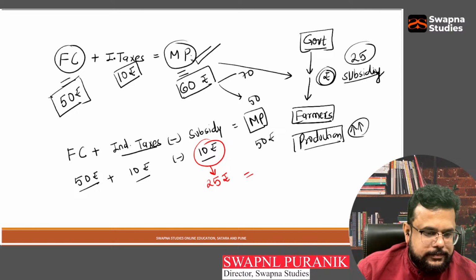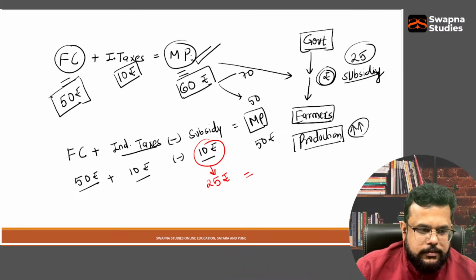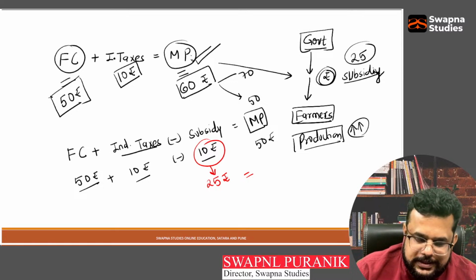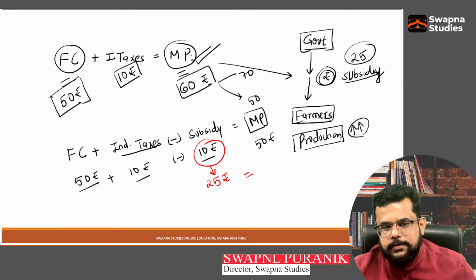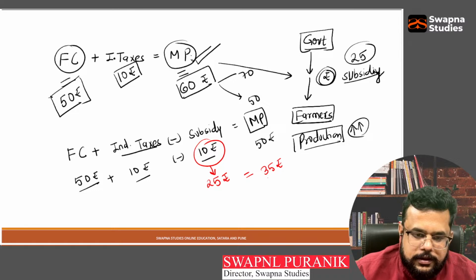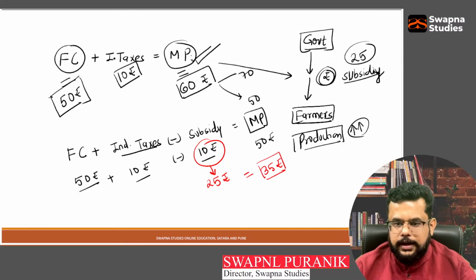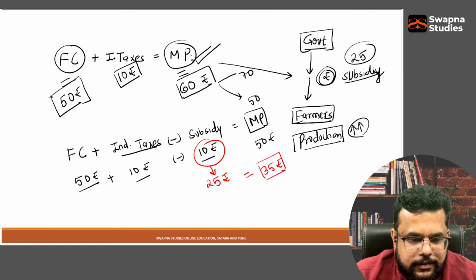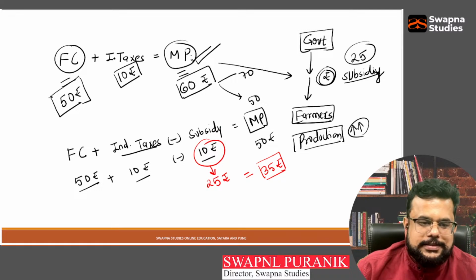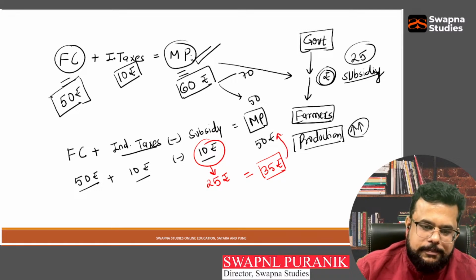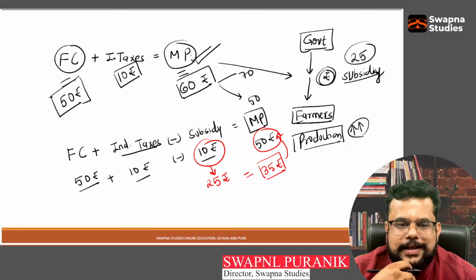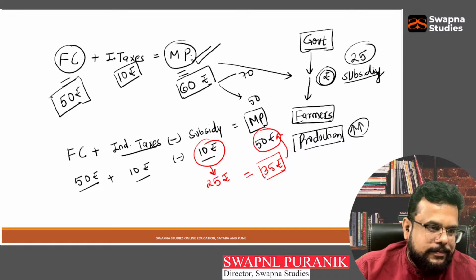Very easy. 50 rupees plus 10 rupees, 60 minus 25 is equal to 35 rupees. Correct? So what is the effect of subsidy? The effect of the subsidy is that the market price got reduced.